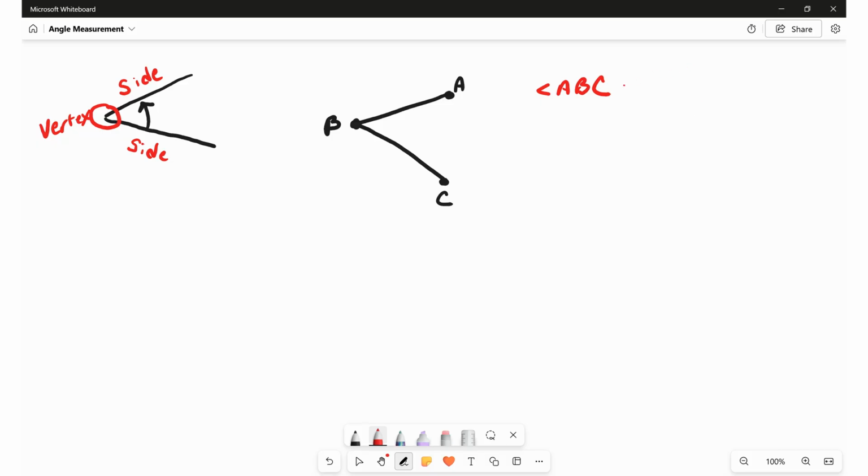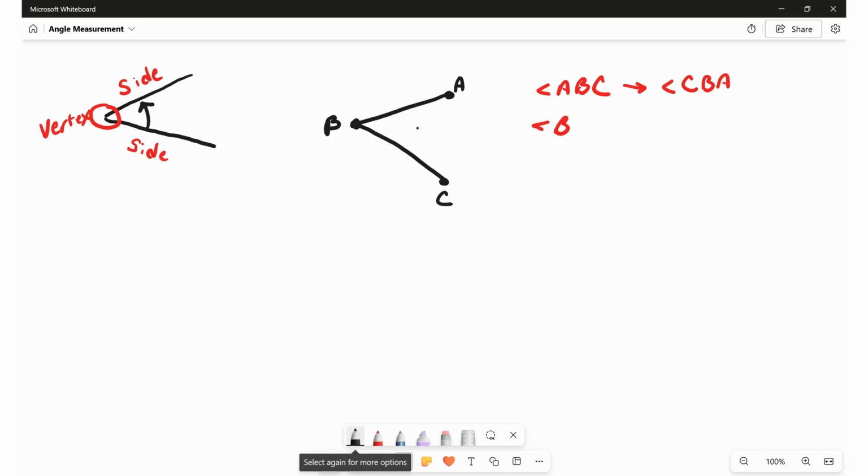So you could also call this angle CBA. We could go the other direction, okay? Now, something else that we could do, we could label this as just angle B. So we can just use the vertex, okay? That is another way of labeling it.